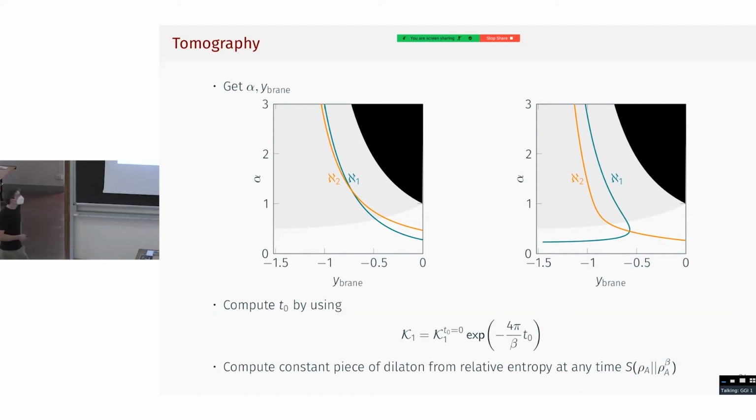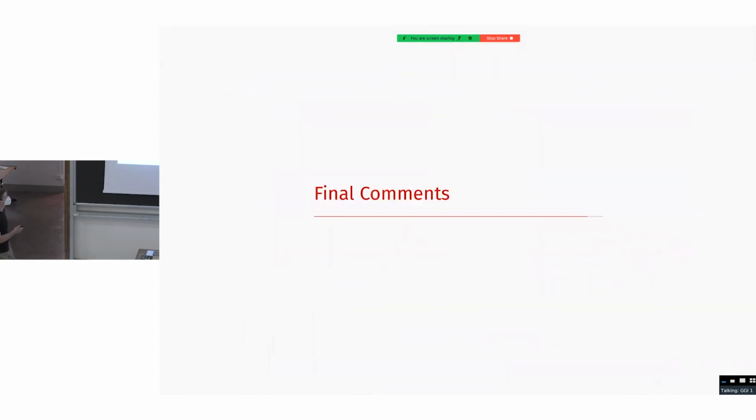But this can, for example, be obtained by taking any reference solution with any constant piece of the dilaton, computing the relative entropy of this with the thermal state, and comparing the result to your particular solution. And so at the end of the day, you can fairly easily get all of those coefficients back from the behavior of entropy at the boundary.